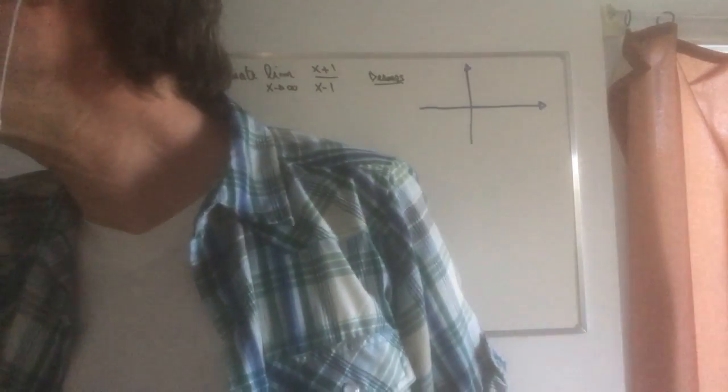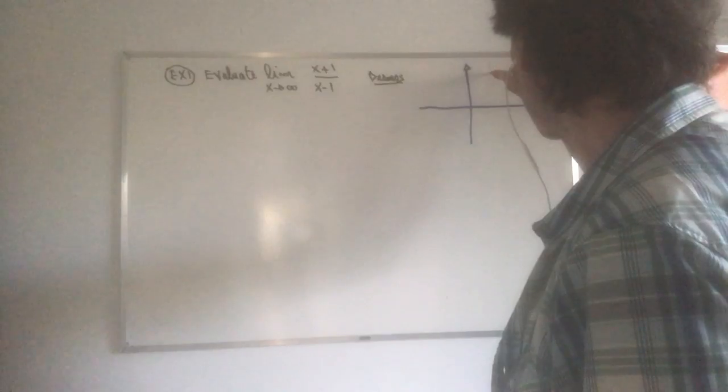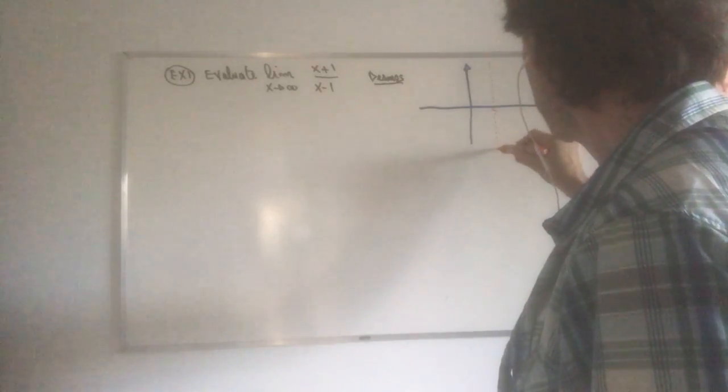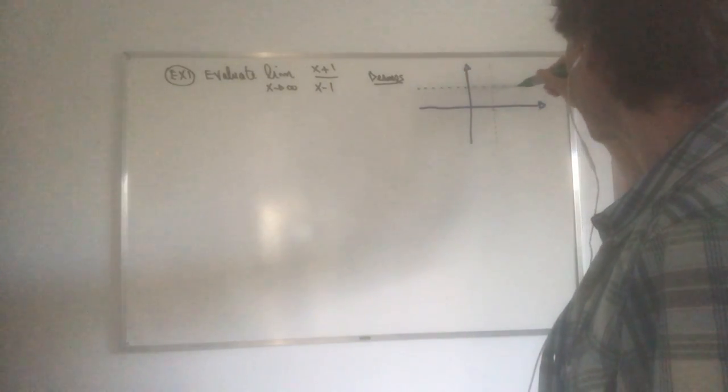And the way it goes is like this. It has a vertical asymptote at 1. As well, it has a horizontal asymptote also at 1.